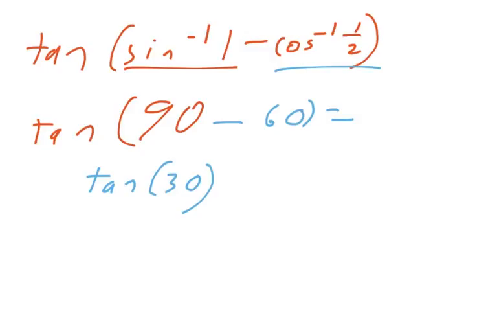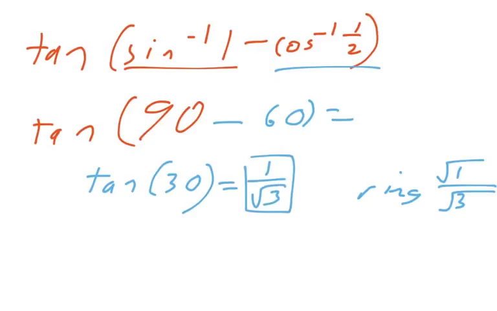Now when I put in the tangent of 30, my calculator doesn't give me an answer I can write down, so I use my ring finger, which has 1 over 3 fingers, square root, when I flip my hand over, so I get the answer of 1 over the square root of 3.